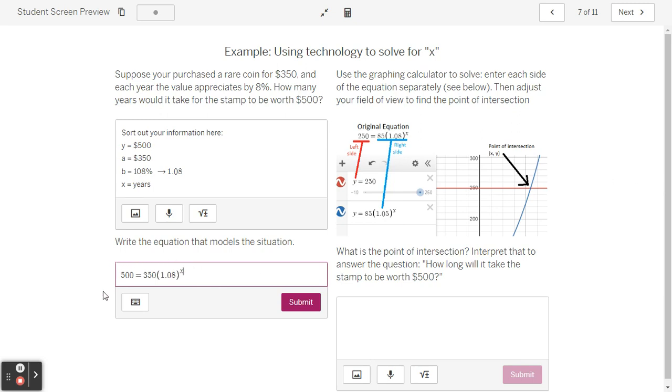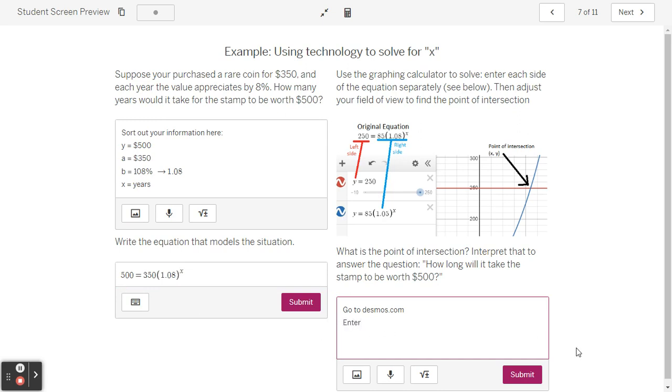Now, for this question, we are going to separate this into two parts. You need to go to desmos.com and use the graphing calculator. You'll see a box that looks something like this. In your first box, we're going to write the left side of the equation.